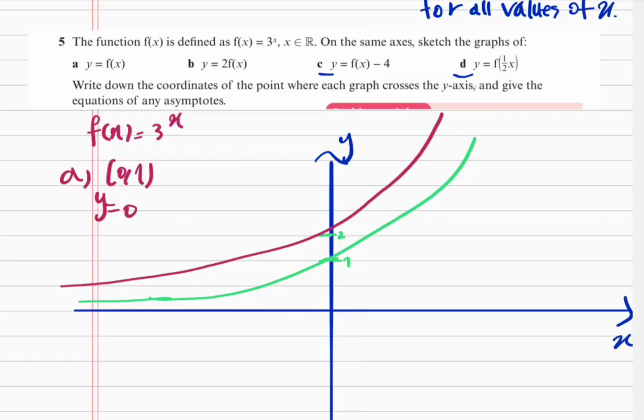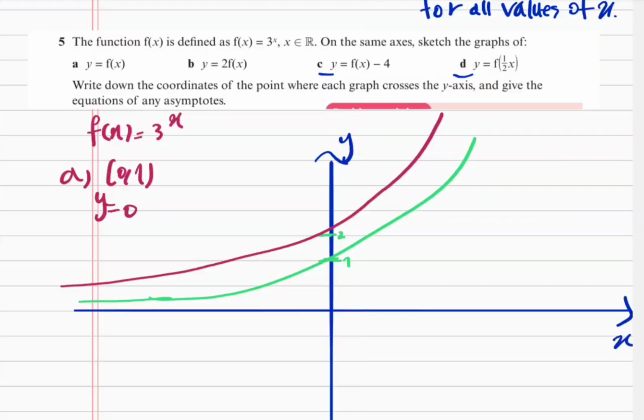So in part C, we want to sketch f(x) minus 4. Just to quickly write this, y = f(x), and this one is y = 2f(x). I think it's going to be messy, so let's include that for now.